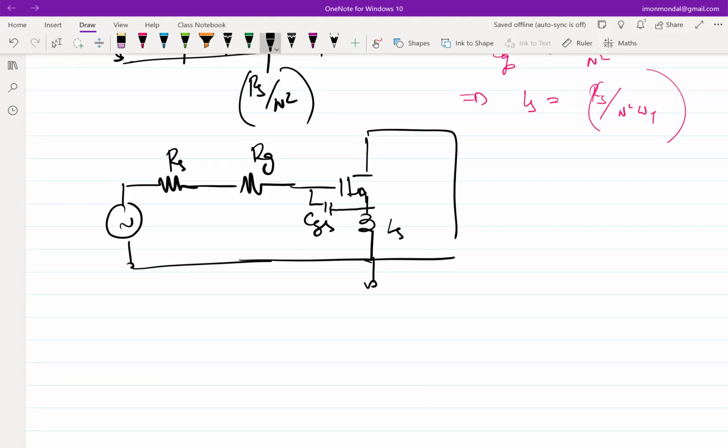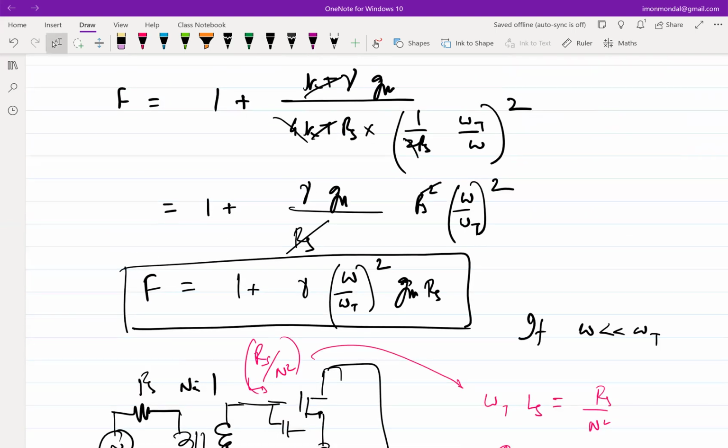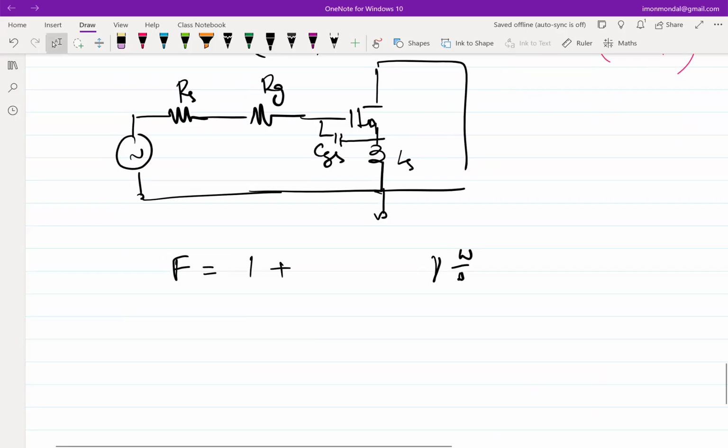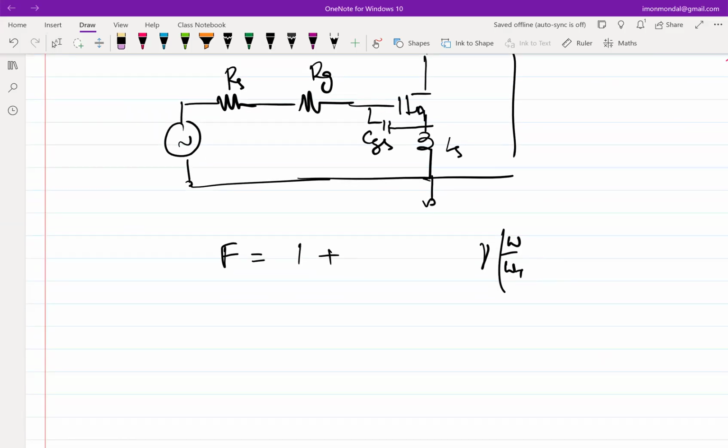In the noise factor, again, the good thing is that this RG comes in series with RS, right? So all it will do is that the original terms will be there. So 1 plus whatever I have, what did I have? Gamma omega over omega t whole square GM times RS. Then an additional term will be there.